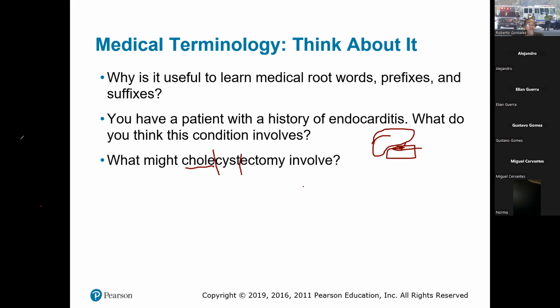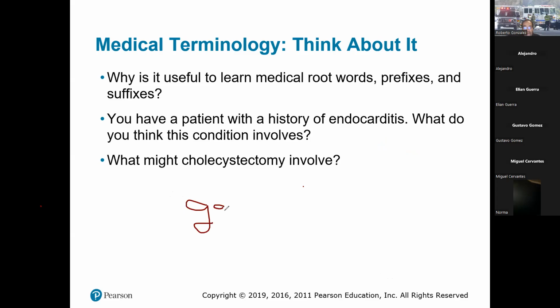Now, have you all ever heard of the word endocarditis? No, I'm sorry. We just went over endocarditis. Gastroenteritis.